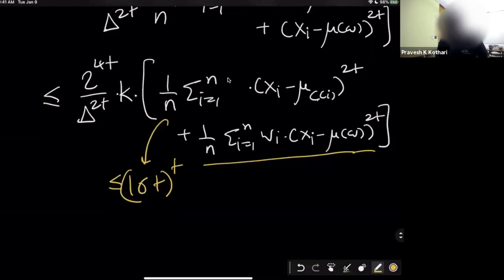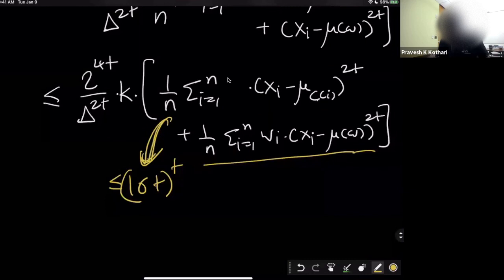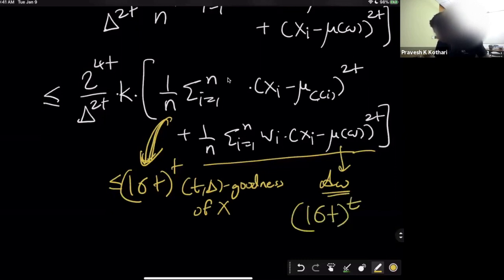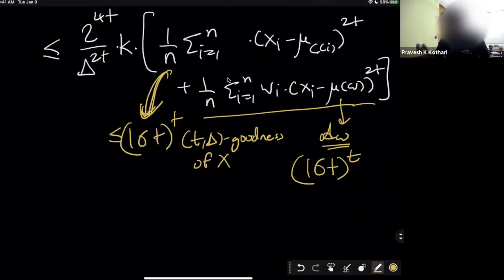The first came because we had a typical sample, so there we use the (t, delta)-goodness of X. For this one we are using A_w. This is simply a constraint in our program. So this is also at most (16t) to the t. But the reasons for the two things are different. The first is true because our sample is good. The second is true because we put it explicitly as a constraint. But no matter the reason, both terms are at most (16t) to the t.